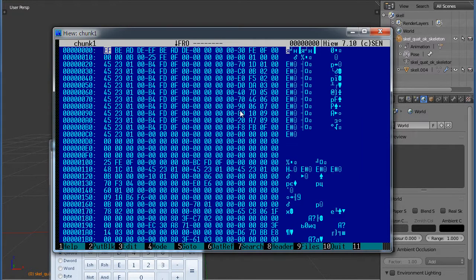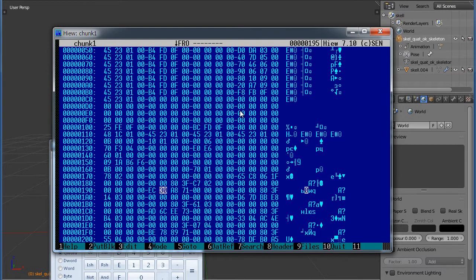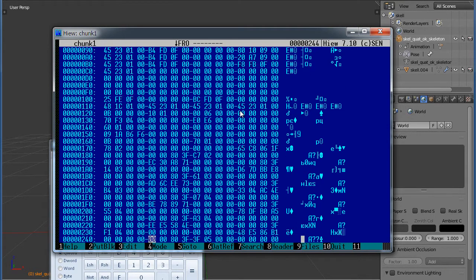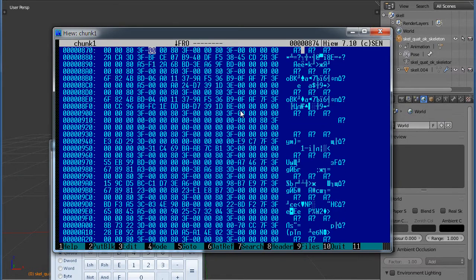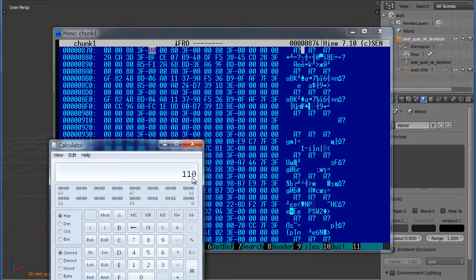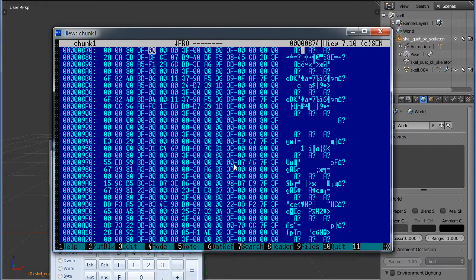Let's try returning to the header. We have this number here too, right at the beginning of the file. And if we check this against the bone names we had before, they correspond. So we actually have that many bones, not C5, but much more bones.